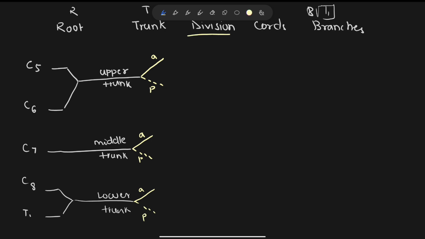So this is the division part. Okay, now comes cord. Cords is very interesting. We will connect every posterior division into one. This will become the posterior cord.